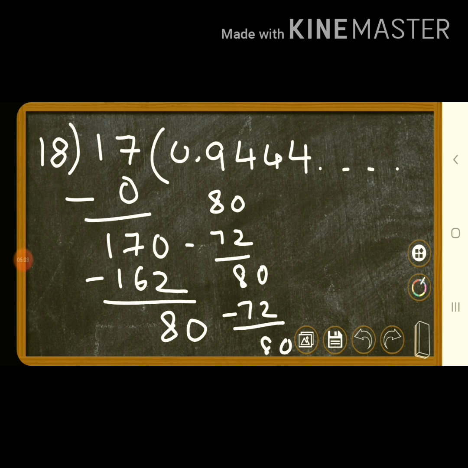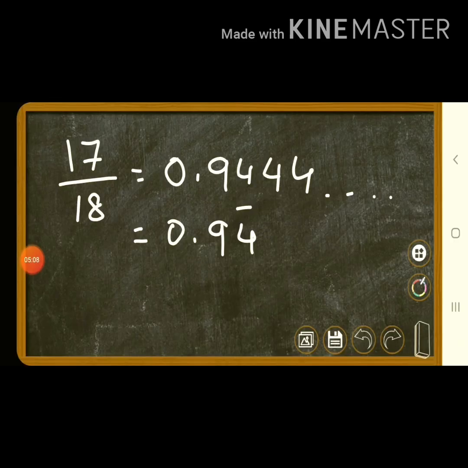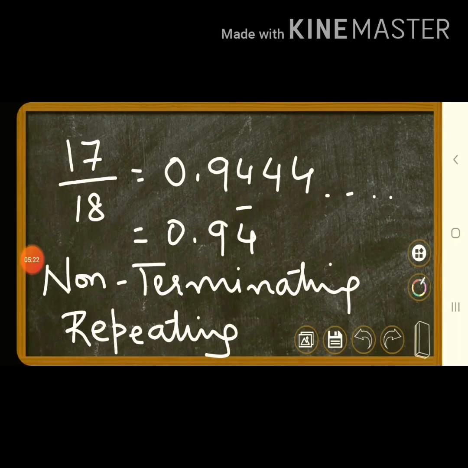So in this way the division continues. So 17 by 18 is equal to 0.9444 and so on. The number 4 is being repeated here in the decimal expansion. So 0.94 bar, bar is kept on 4. So 17 by 18 has a non-terminating repeating decimal form.